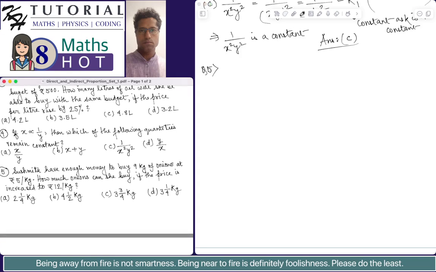So we can clearly understand that the amount of money Sushmita has is fixed, it is not changing, which is basically 9 into 5, that is 45 rupees.